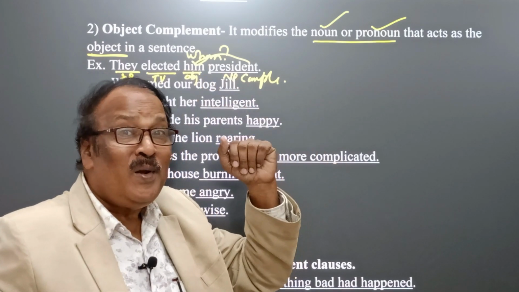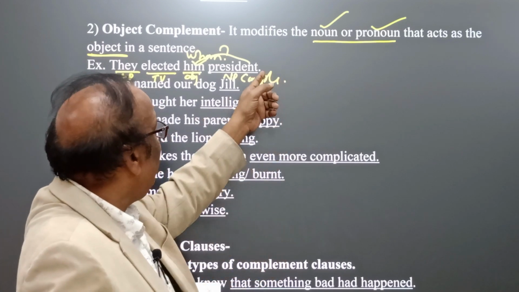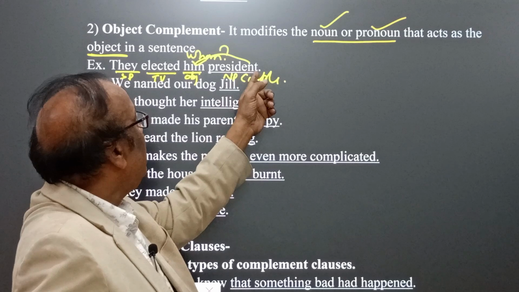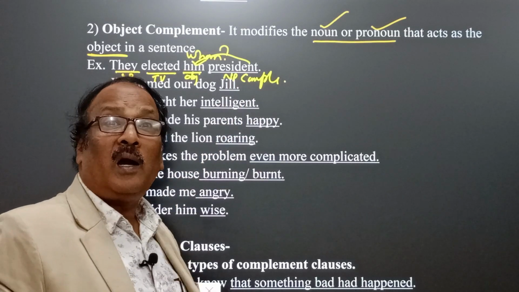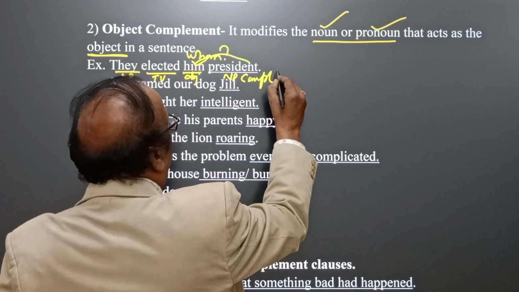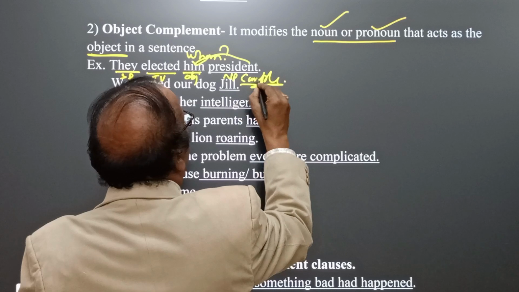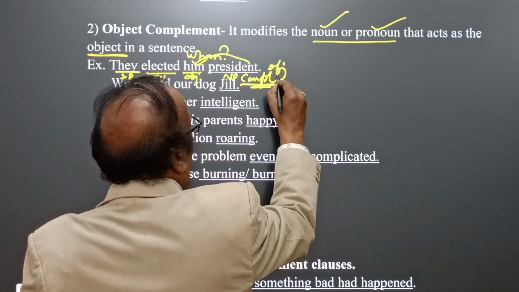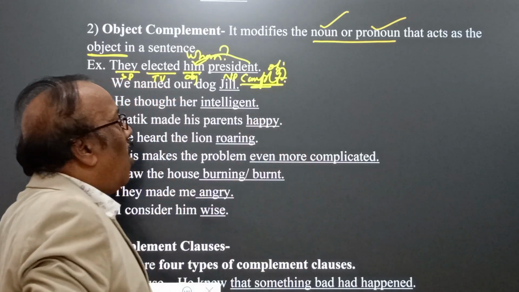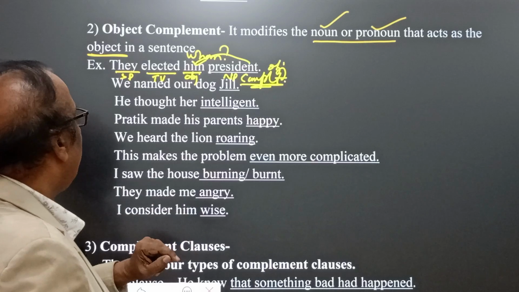Mr. Das is the noun phrase and him is the pronoun, and therefore here we find president is the noun phrase and it acts as a complement. So this is what we call object complement, because it qualifies the object.